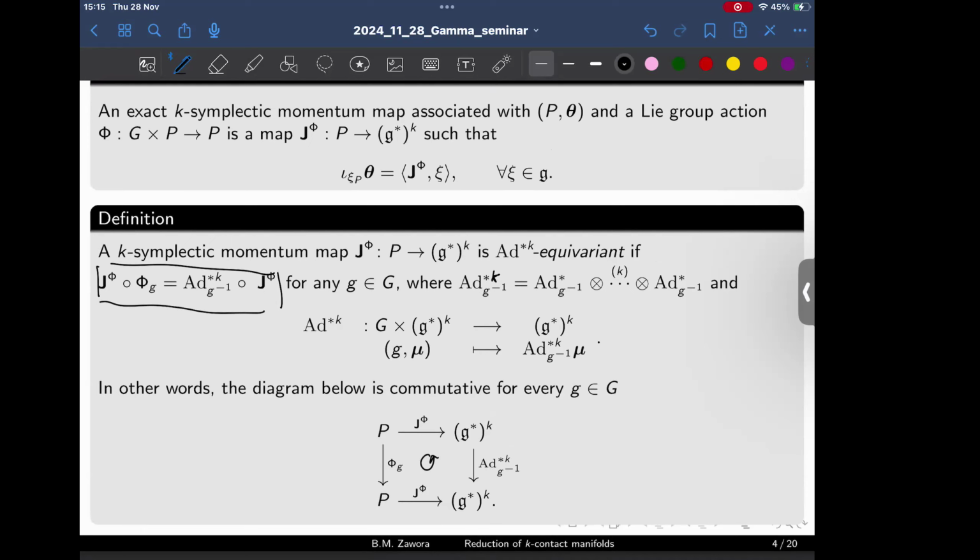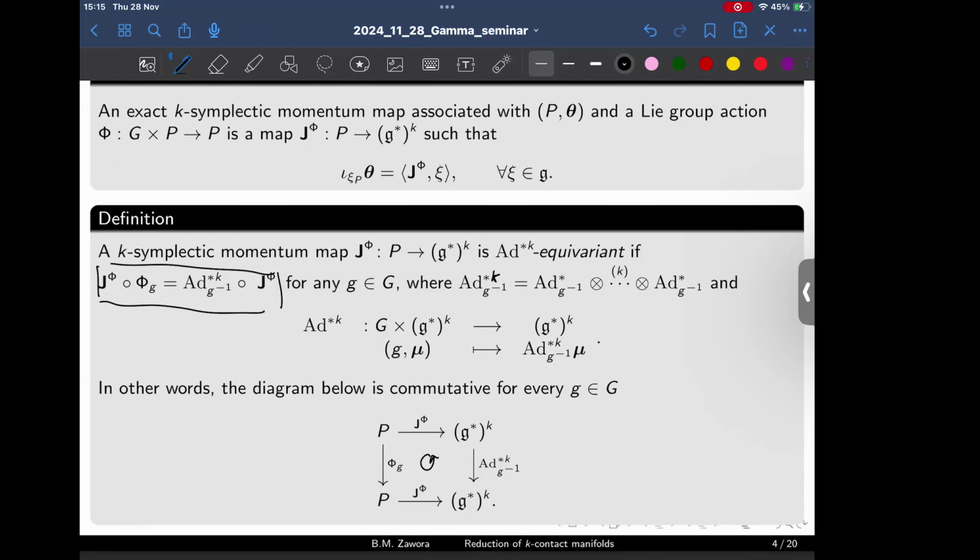In standard k-symplectic manifolds, when we deal with k-symplectic Lie group actions, of course not every momentum map is Ad-equivariant. However, the Marsden-Weinstein reduction for k-polysymplectic manifolds can be generalized to non-Ad-equivariant momentum maps, because we can always make the momentum map equivariant with respect to a different action on g*.